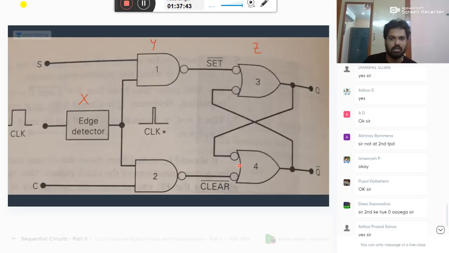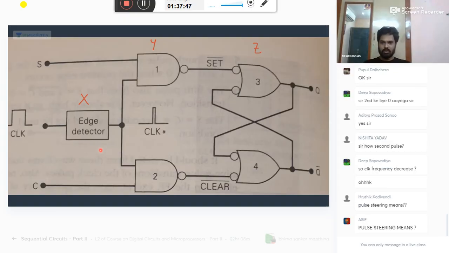So go back, see the figure. I will start the poll. I should not say the answer until the end of the question. Suppose this question comes in your exam. Suppose you know flip flops already from before our class itself. So will you be able to answer or not? Let us see.